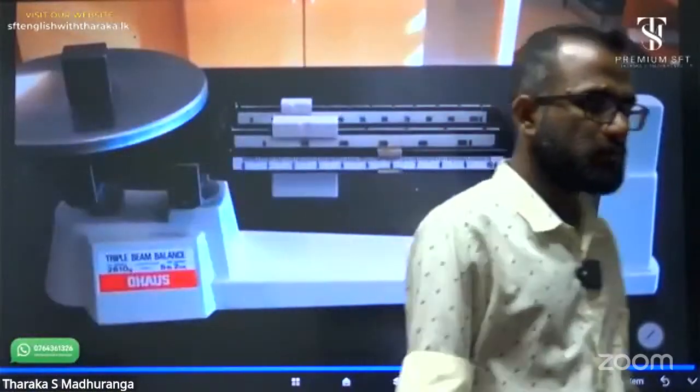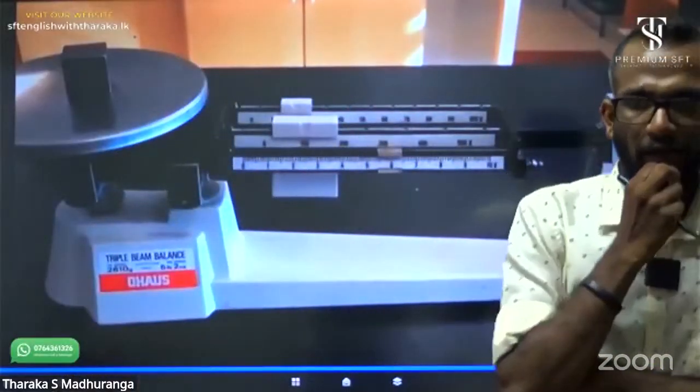But I have a doubt. Think I want to measure an object of 850 to 900 grams. Then can't we use this? Tell me what you think. How can we use it?